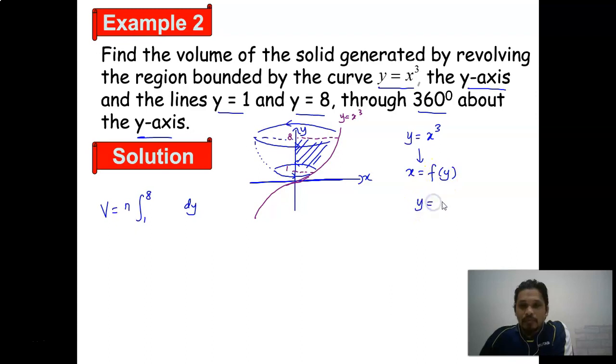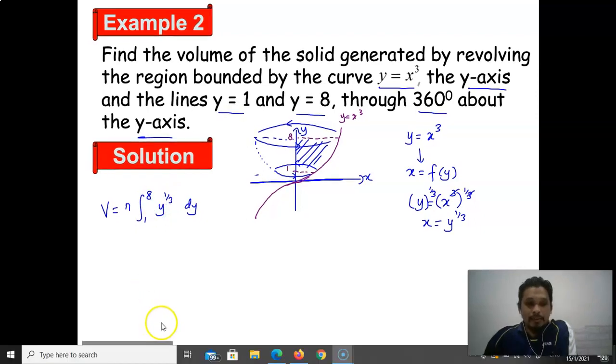Now, y equals x cubed, multiplied by 1 over 3 on both sides, so x equals y to the power of 1 over 3. So x here is y to the power of 1 over 3.